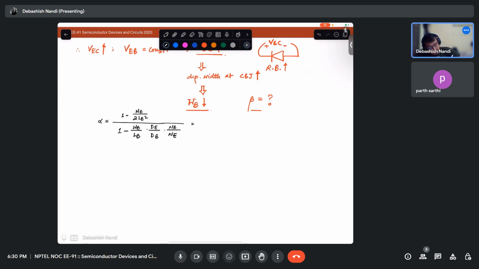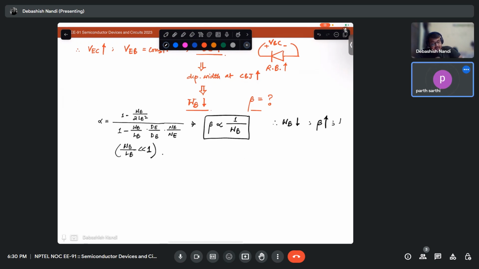From that, if you make the approximation WB by LB is much less than 1, then you will find that your beta is inversely proportional to your WB. So if your WB is reducing, your beta will increase.